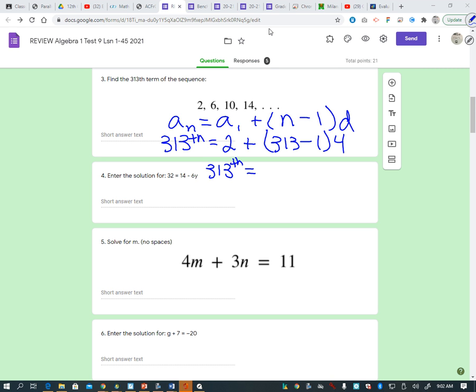Go ahead, Marquina, help me out here, because you've been raising your hand a lot and not getting to answer anything. Tell me what to do first. Parentheses. Okay, so that equals 312. What do I do next? Go ahead, Alex. 312 times 4. So the 313th is equal to 2 plus what?